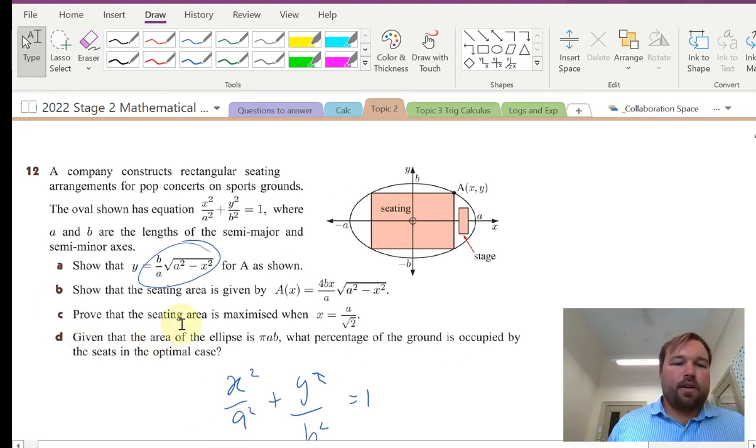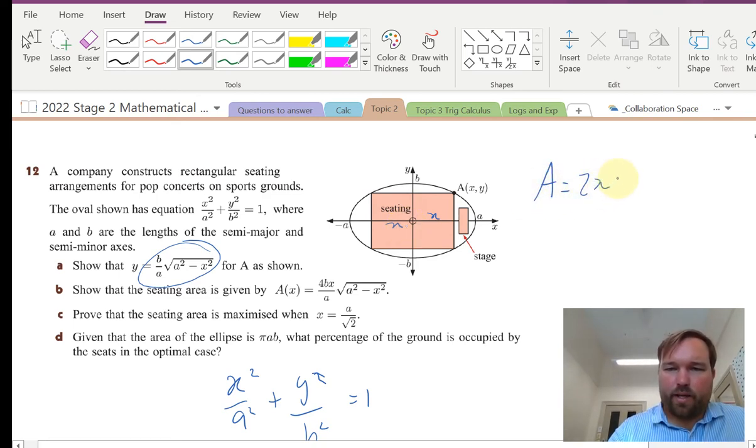All right. So that the area is given by A(x) equals this. All right. So the area for the seating is going to be given by this x value, doubled, so 2x. Area equals 2x multiplied by y.